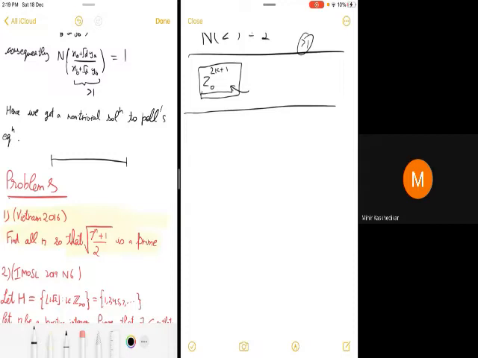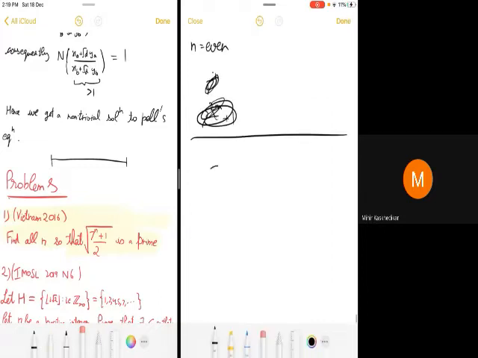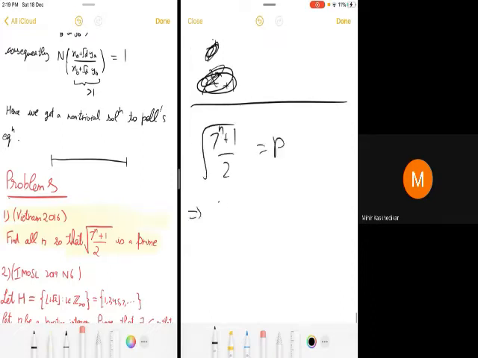First of all, we can prove that n has to be even, except the trivial solution n equal to 1. That can be proved by modulo 8. Okay, let's say we have that n is even. Notice that (7 power n plus 1)/2 is prime, which implies this.